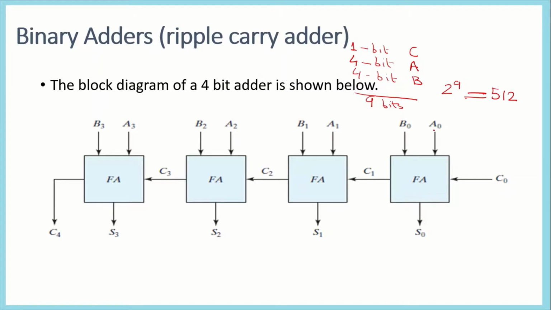This will give sum and carry out. When the first carry is generated, the next operation is performed on A1 and B1 and will generate sum 1 and C2. Similarly, for all the other adders, the same process is applied, and in the end it will generate the carry out.